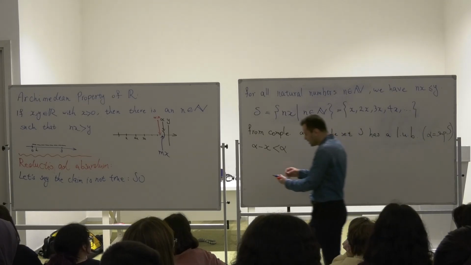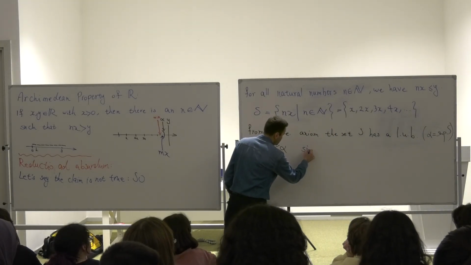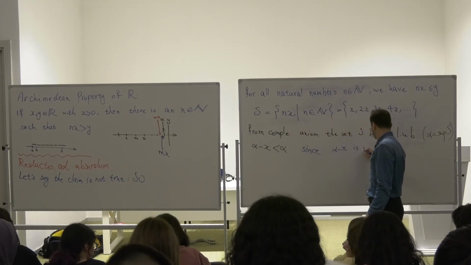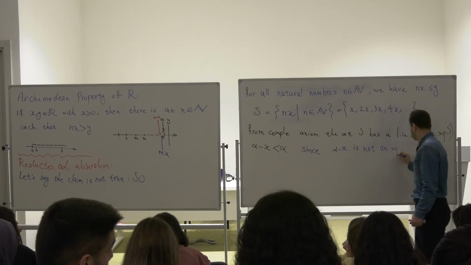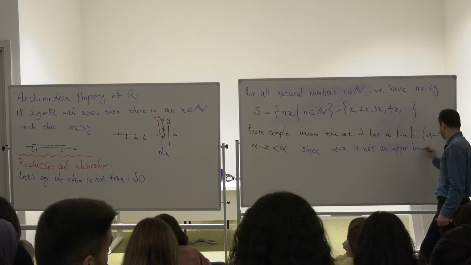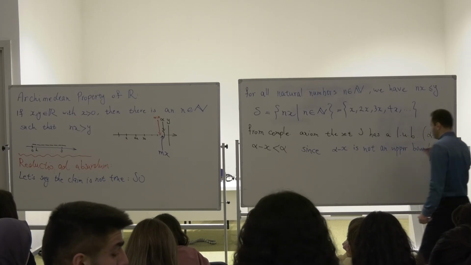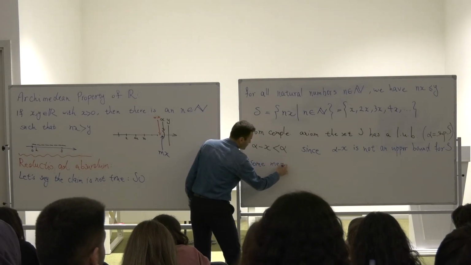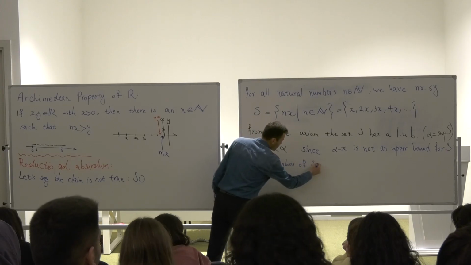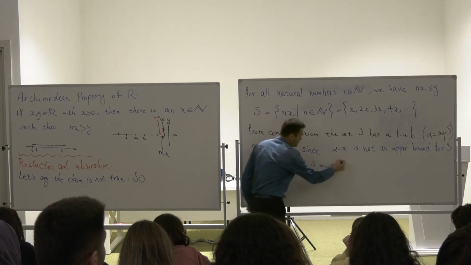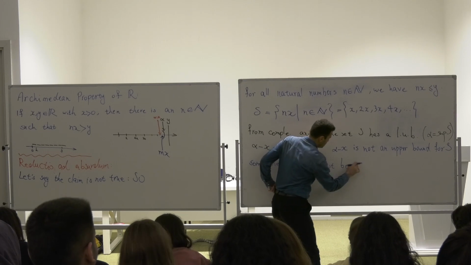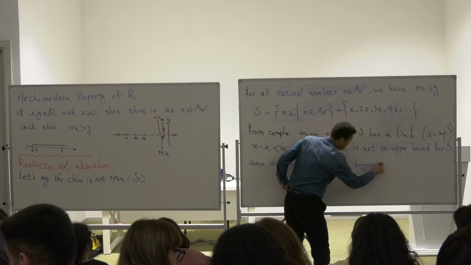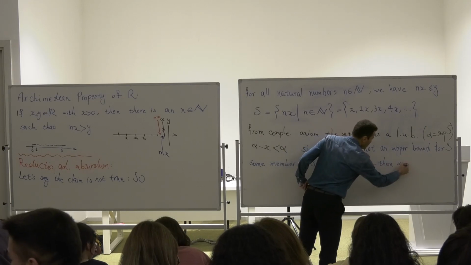Which means that since alpha minus x is not an upper bound for S, some member of S must be bigger than alpha minus x.